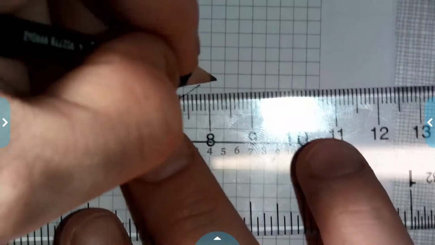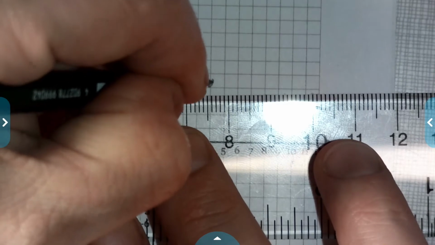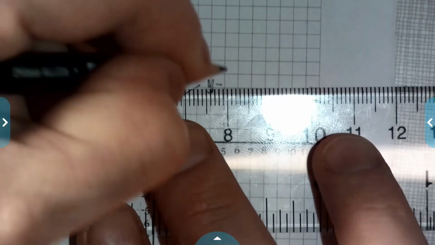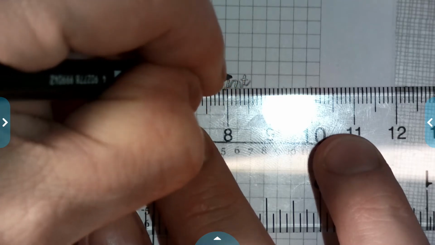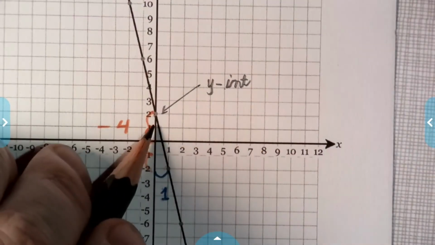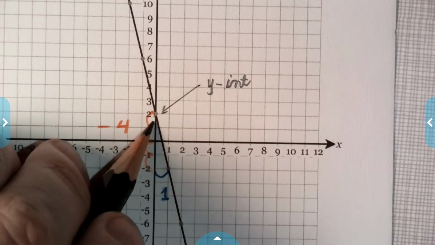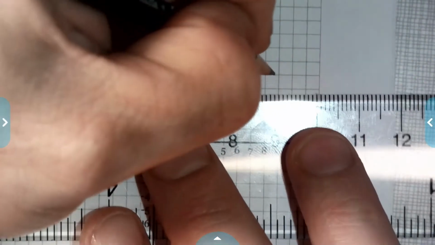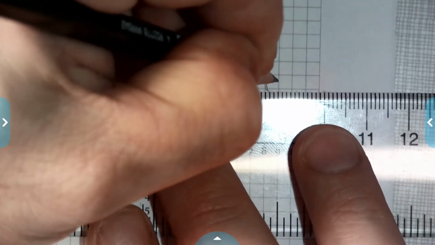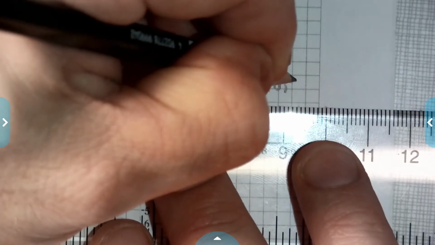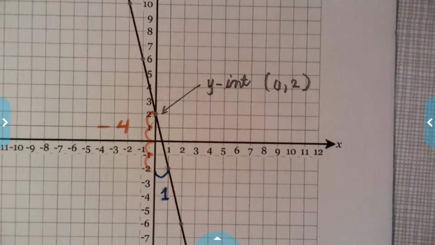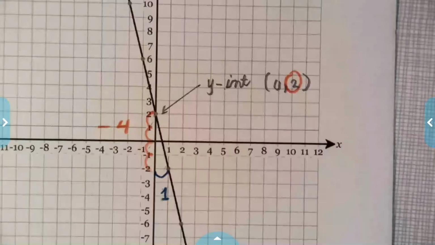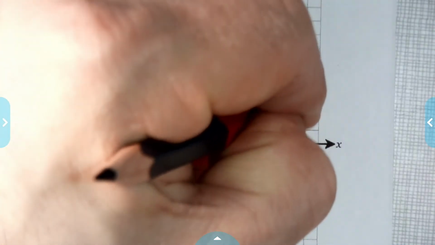And the coordinates of that y-intercept are 0 on the x and 2 on the y, so 0, 2. And the part that we're interested in is the 2. And that's going to be our b value.